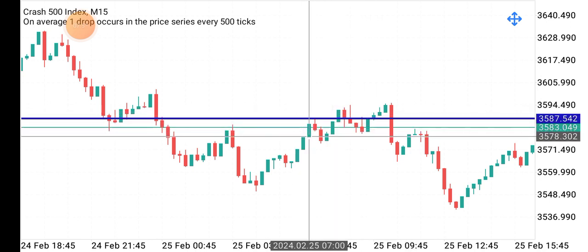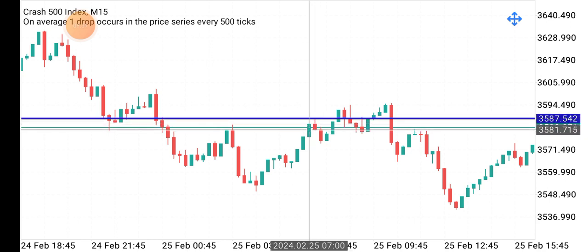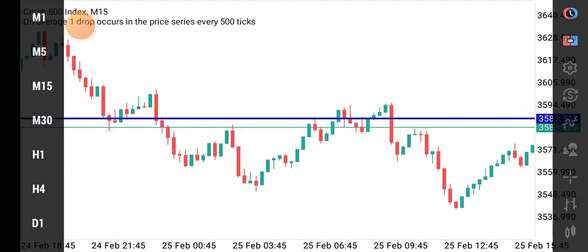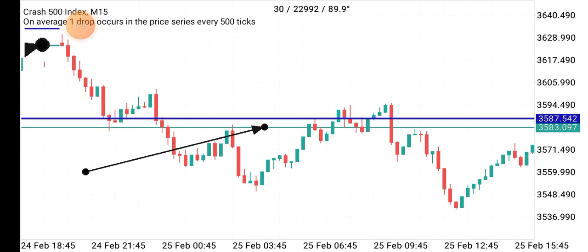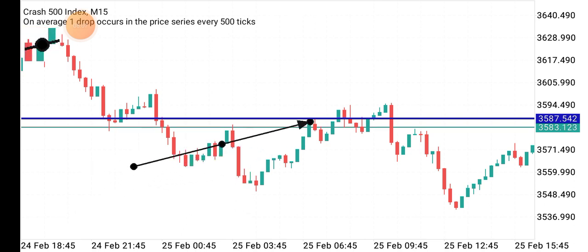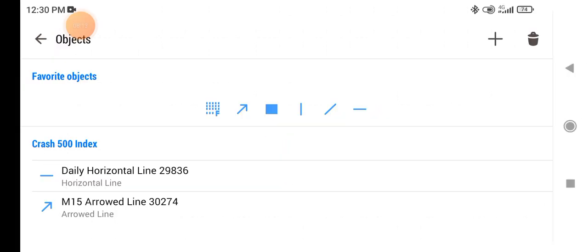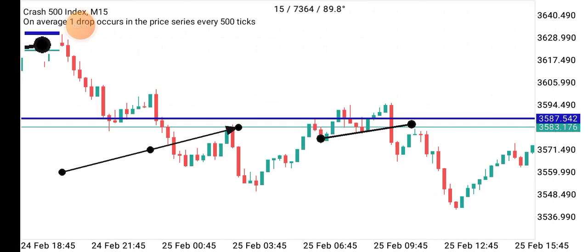And you see, when the market got to this line at first, it gave this candlestick pattern here. Let me get the arrowed line. It gave this candlestick pattern here, then still went up, started selling back down. So if you notice this on time, you can easily apply this particular strategy.